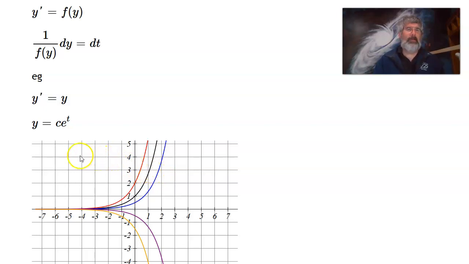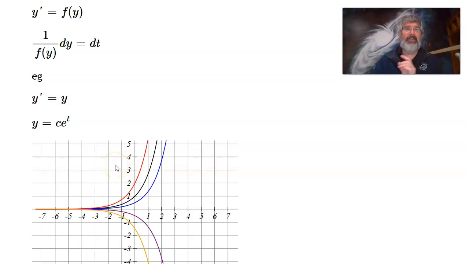Now, it seems a little funny because the effect here of the c should be a scale factor in the y direction, right? So the black curve is c equals 1. That's just y equals e to the t. The red curve is with c equal to 2. So it's scaled up by a factor of 2.